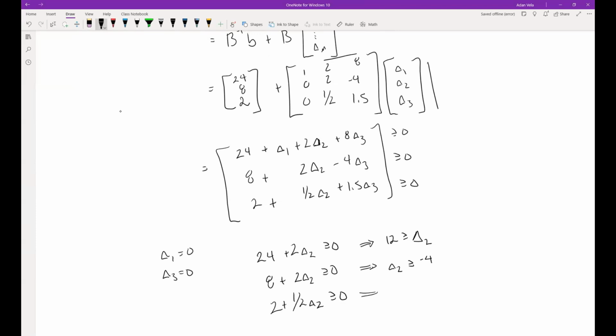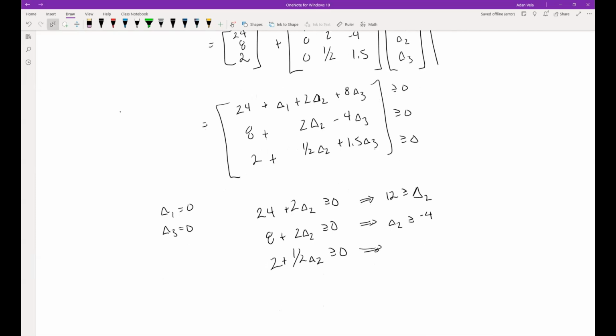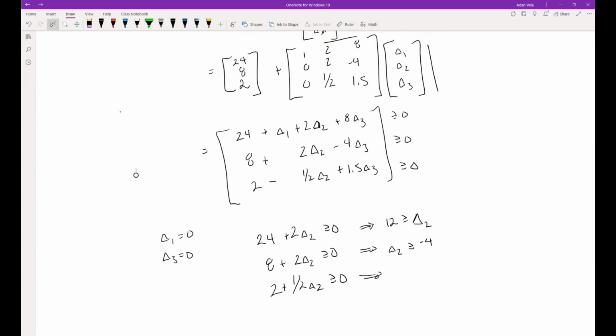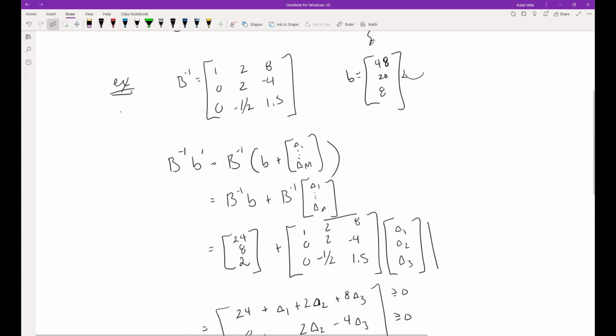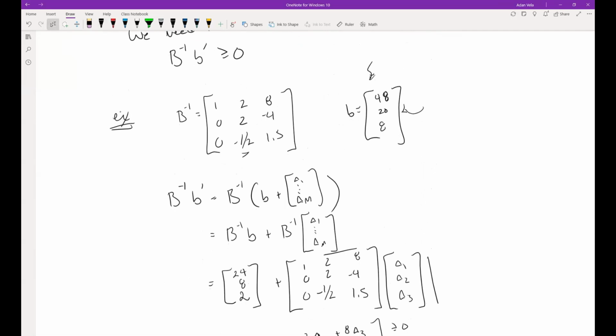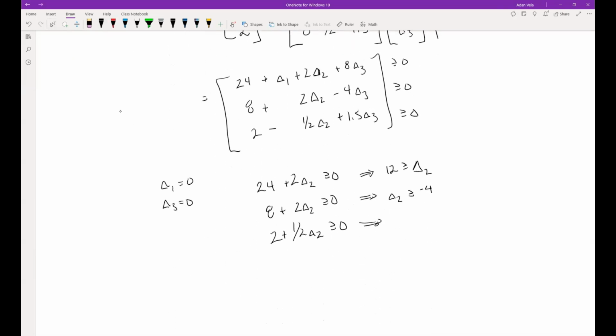Okay. And this is just to keep track with the original. This is the same problem we're always working with. So if we solve for delta 2 in this case, and in fact, there's another mistake here. Geez, man. It's a minus B inverse. Yeah, minus. Okay. If we solve for delta 2 in this case, we end up that delta 2 has to be less than or equal to 4.